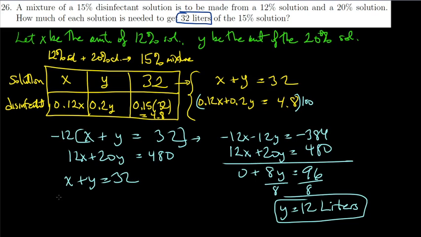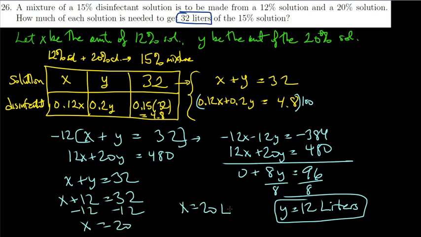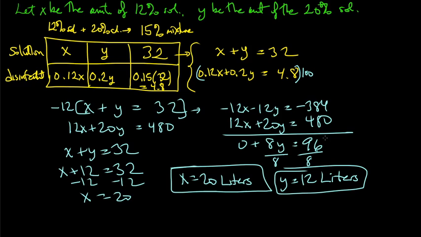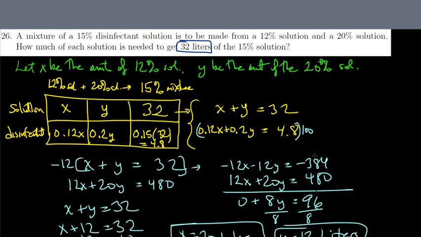So if y is 12, then just take away 12 from both sides and you get x equals 20. So, yep, we have 20 liters of the 12% solution. And when we mix that with 12 liters of the 20% solution, we get 32 liters. And you can check that it's a 15% solution, right? Okay, so that's 26.